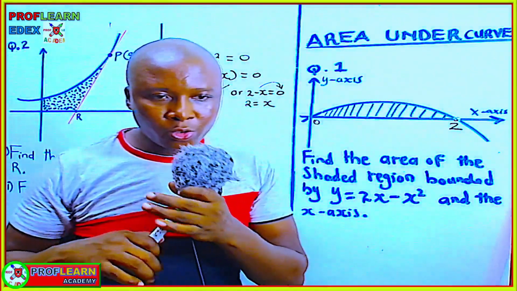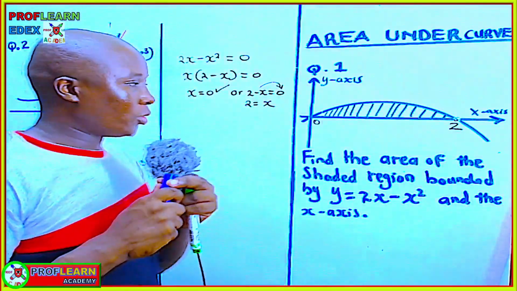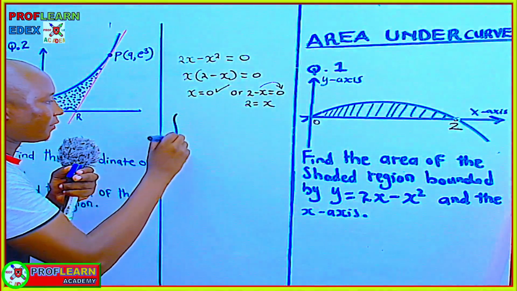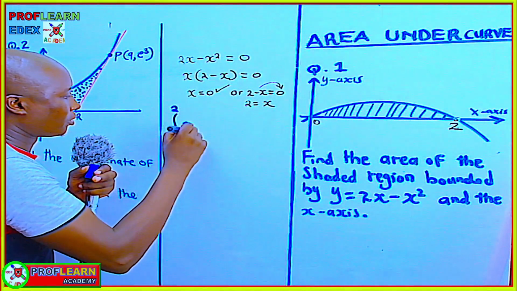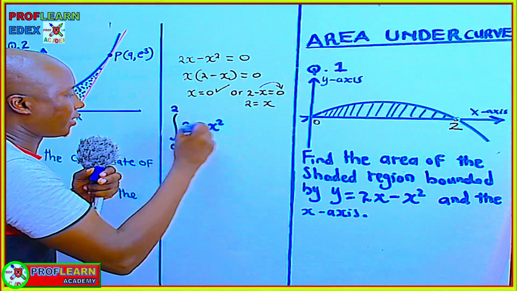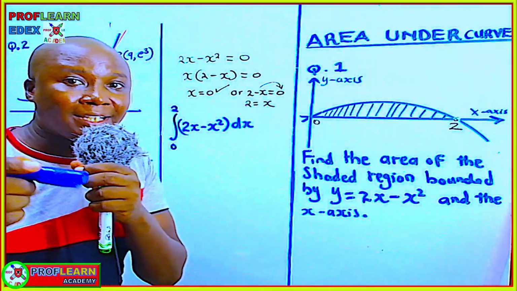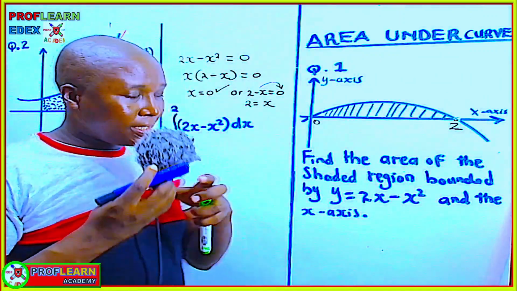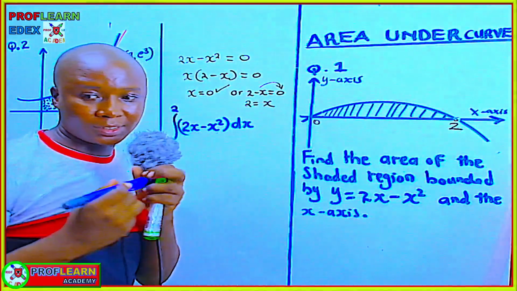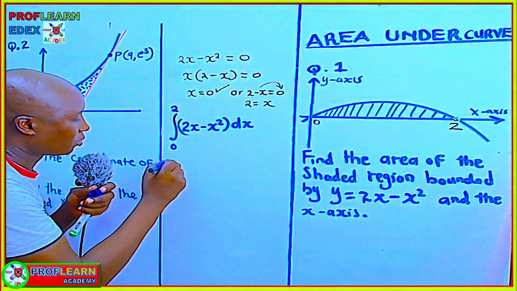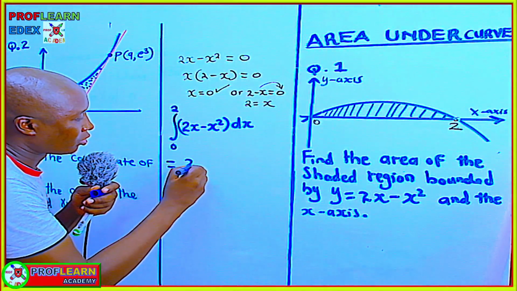Now, how do you use integration to proceed from this point? If you integrate the curve 2x minus x squared with respect to x from 0 all the way to 2, we are going to find the area under the graph, which is this part that is bounded by the curve and the x-axis. Integrating, the term becomes 2x.